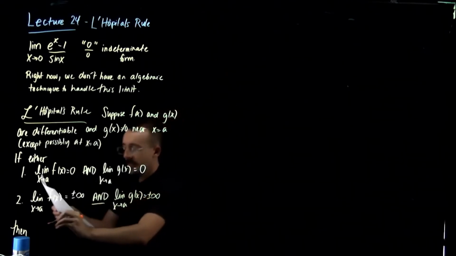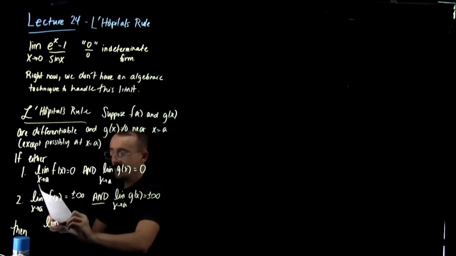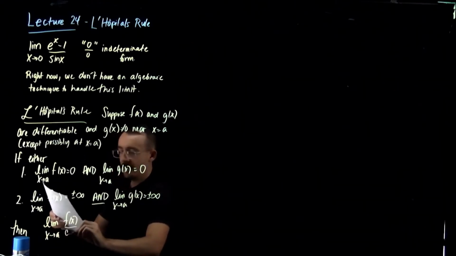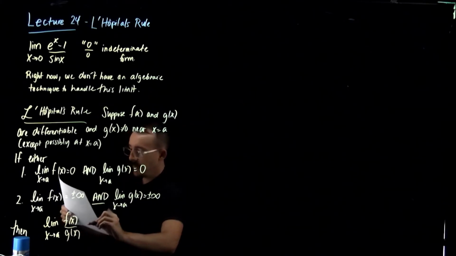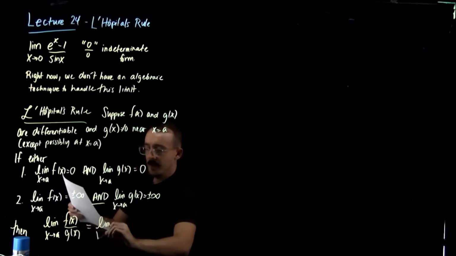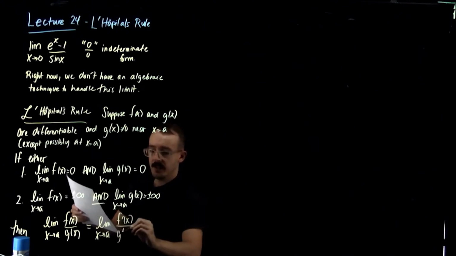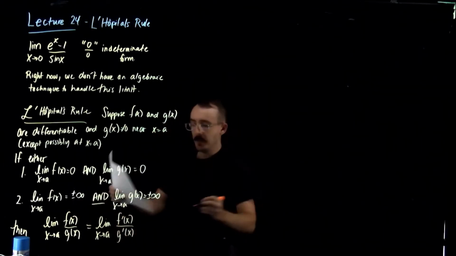Then, to do the limit of f of x divided by g of x, what you can do is just do the limit as x goes to a of the derivative of each function and just take that ratio instead.